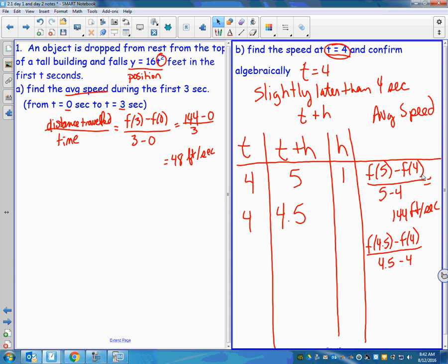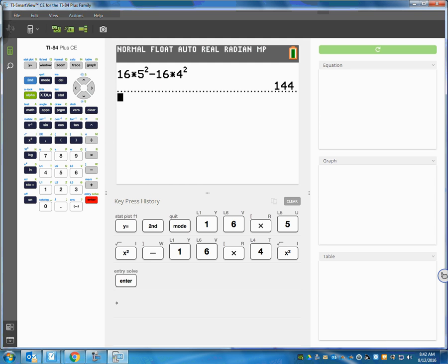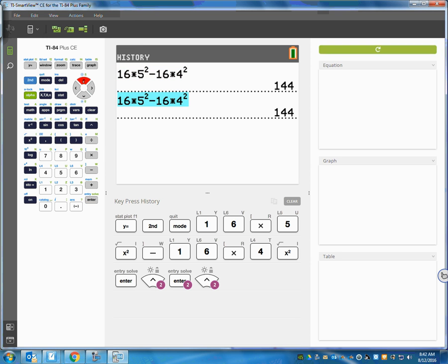And here's what I was trying to tell you about the calculator: you can arrow back up here, and you can hit enter, and then you can go back over and edit.